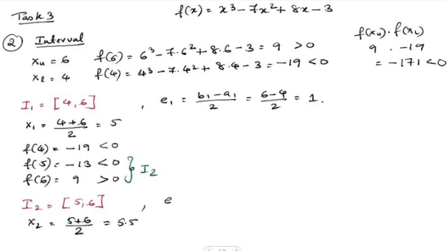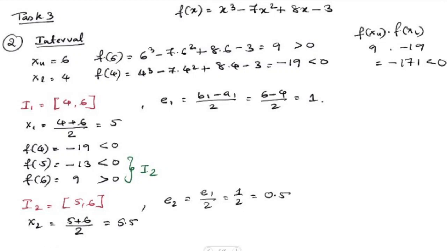And for error 2, either you can do b2 minus a2 divided by 2, or you can just take e1 and divide it by 2. So your e1 is 1 divided by 2, so the error will be 0.5 here. And then again we'll arrange all of them here.